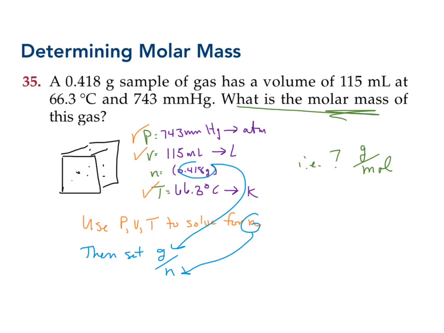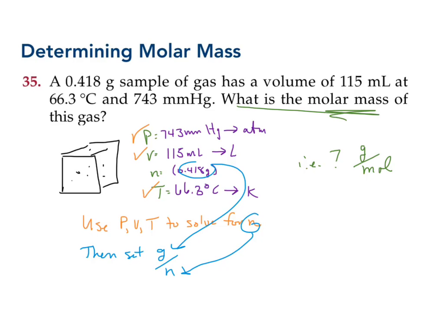You don't know what the gas is, but you know the mass is 0.418 grams. So basically, you have pressure, volume, and temperature. I would knock out those to solve for N, the number of moles. And then once you have N, the molar mass of that unknown gas is going to be grams, which you have, 0.418, per mole, and you have the N term. So that's actually how you do the next two.